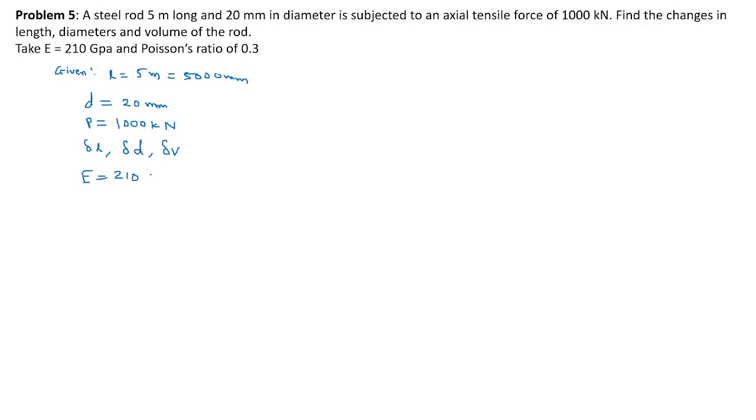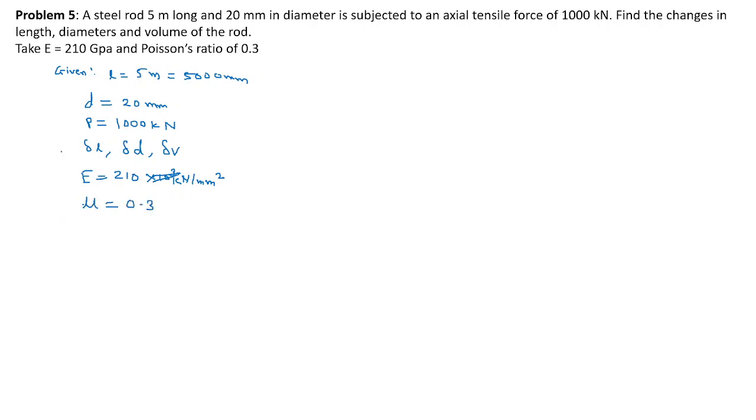Convert GPa into MPa, mega and giga: 10 raised to 3 Newton per mm square. We can simply cancel out this 10 raised to 3 because we have to keep that in kilonewton. So 210 kilonewton per mm square. Then Poisson's ratio mu is equal to 0.3.